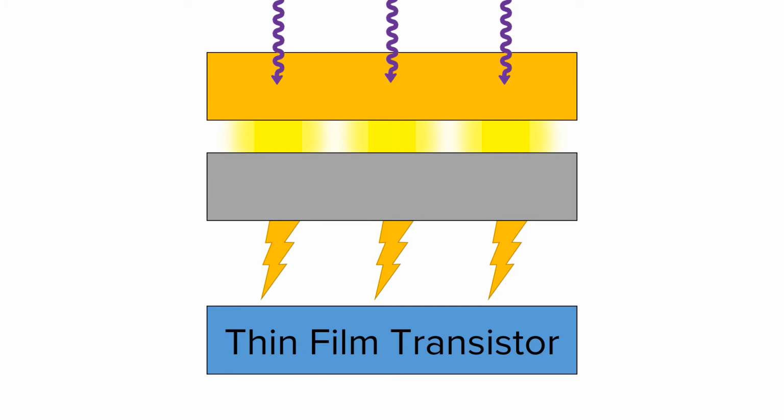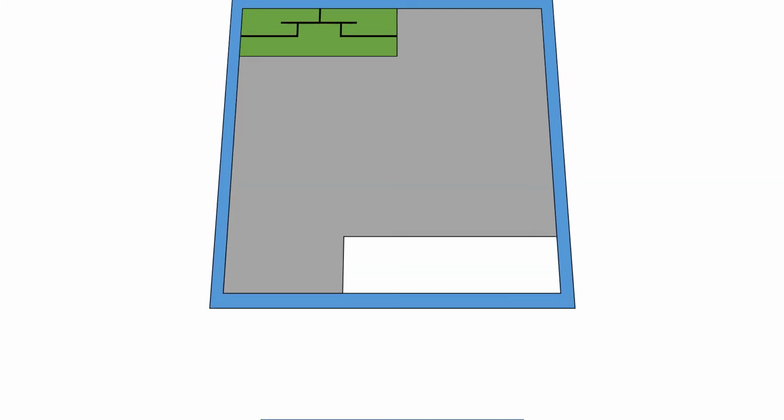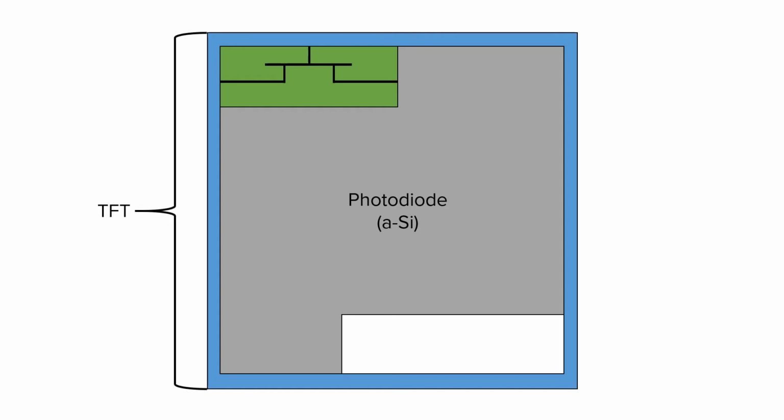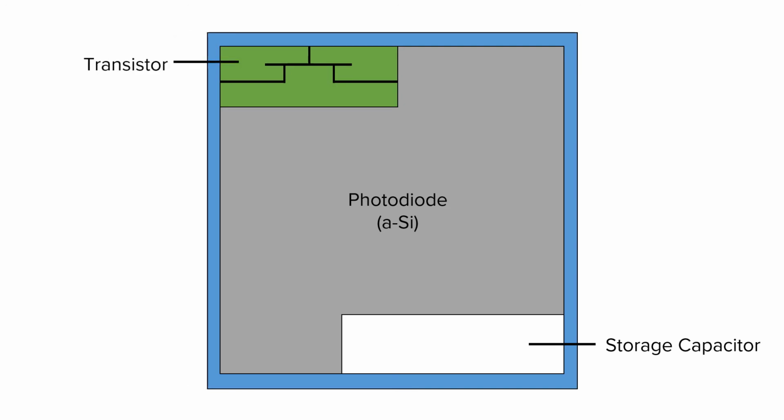Let's move from a side view of the TFT to a bird's eye view of the TFT. A TFT consists of a storage capacitor which holds the electrons given off from the photodiode, and a transistor which acts as a gatekeeper to release the electrons in the storage capacitor to a computer to process into a diagnostic image.